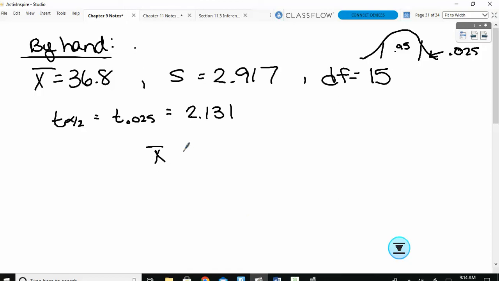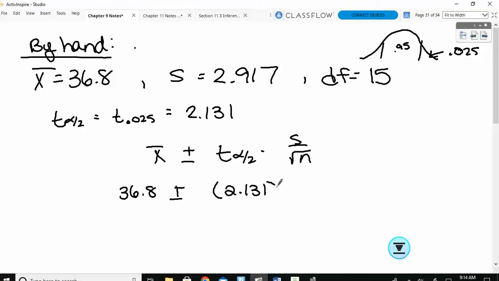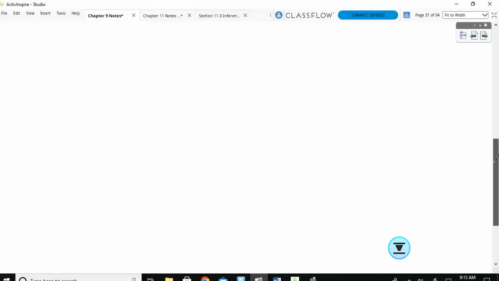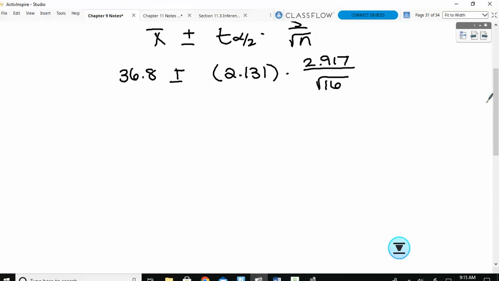So then it's just a matter of plugging into the formula. The formula on our formula sheet is X bar plus or minus T alpha over 2 times S over the square root of n. We have everything. X bar is 36.8 plus or minus T alpha over 2, so 2.131. Standard deviation, 2.917. Divided by the square root of n, which was 16. And then you just plug that into your calculator.